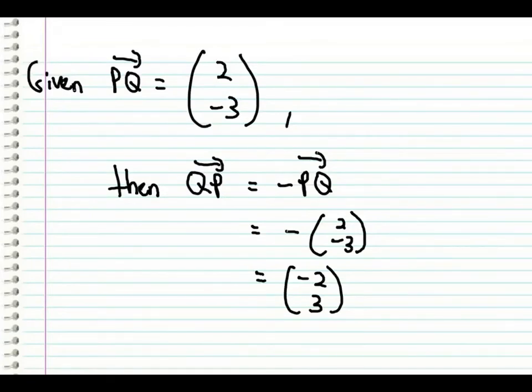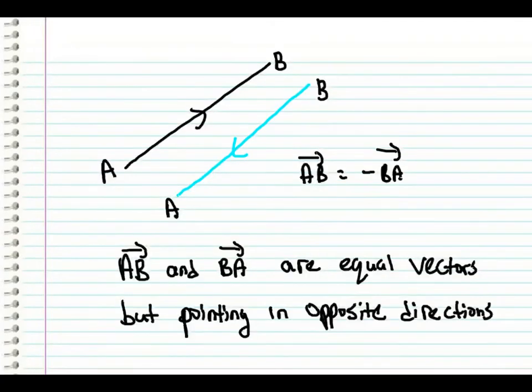So, the rearranging of letters must be accompanied by a negative sign. If you were to observe carefully, you will notice that AB and BA are the same vector but pointing in opposite directions. Therefore, the negative sign simply means that it is pointing in the opposite direction.